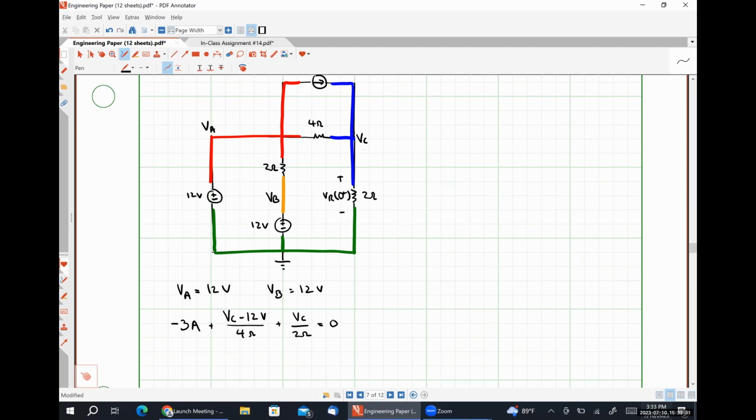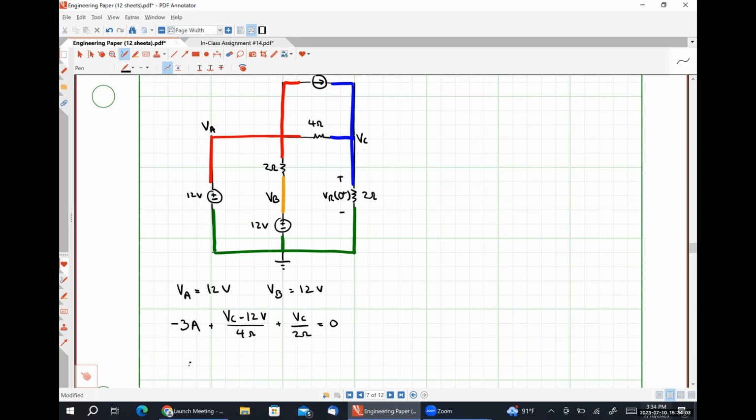That's going to look like fraction x minus 12 over 4 plus x over 2 is equal to 3. Solve for x.